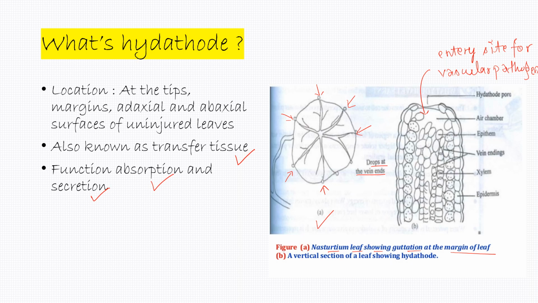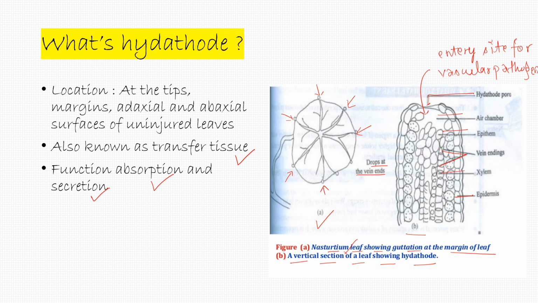Okay, B is a vertical section of a leaf showing a hydathode. This is the vertical section of a nasturtium leaf showing guttation at the margin. This is the margin. This is the hydathode pore. This is the air chamber, epithelium, vein ending, xylem, and this is the epidermis.